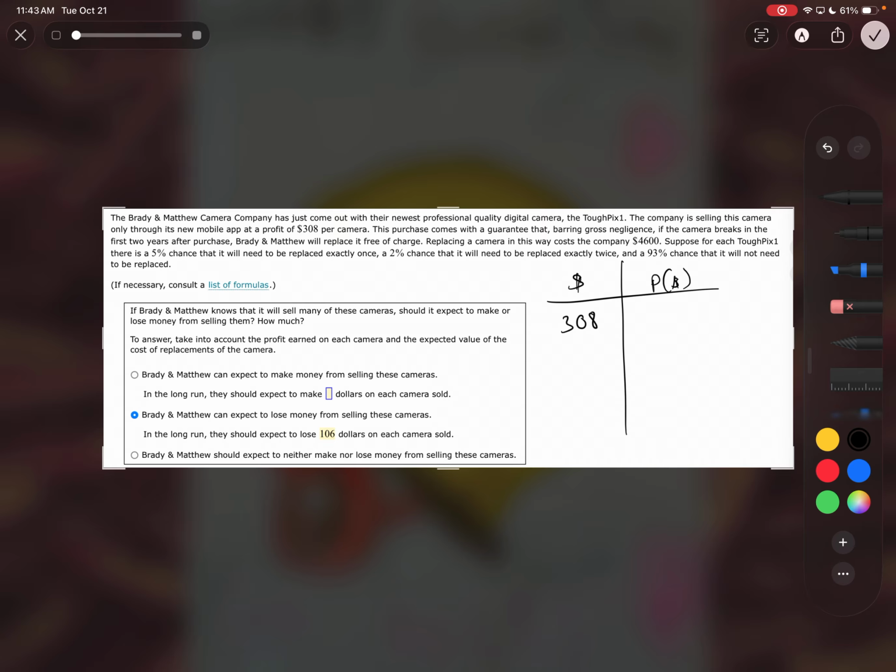Replacing a camera in this way costs the company $4,600. I was hesitating there because I think I want to do the same thing that I just did. We have to subtract the $4,600, but we made $308, right? So $308 minus the $4,600 would be negative $4,292.